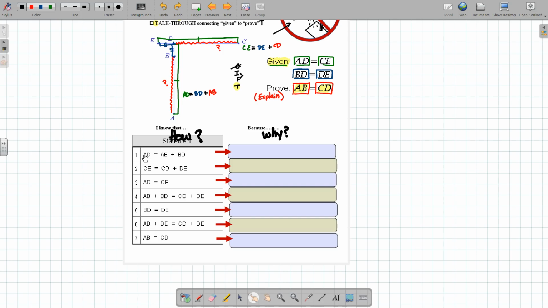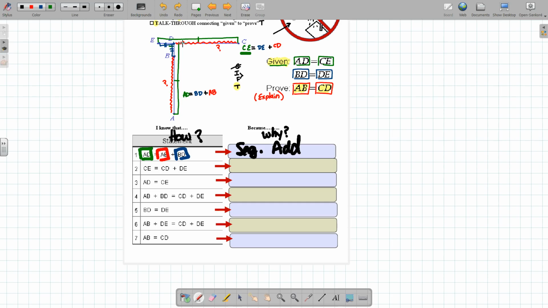Okay, let's see. We know that AD, which is the big segment, let's color code that, that's green, is made up of AB, which is the red, plus BD, which is the blue. Little segments add up to big segments. Why is that true? That's simply called segment addition. That is the property of segment addition.